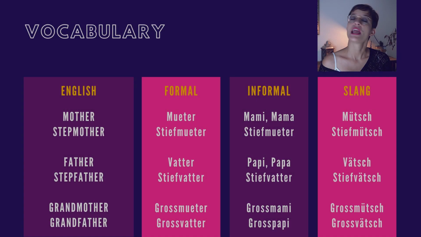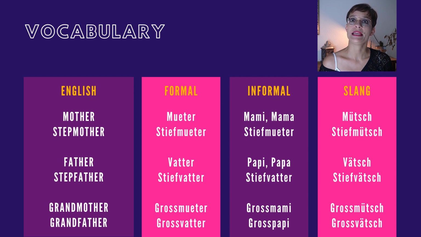So let's start with the mother. The formal version would be Mutter. I much more often use the word Mami or Mama. And of course there's a slang version. I sometimes say to my mother, Mütsch.